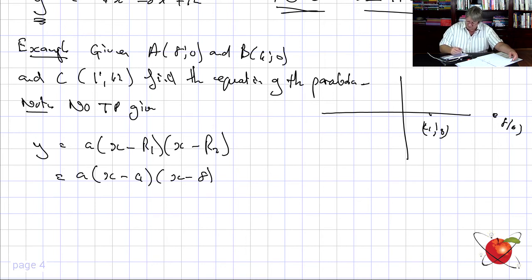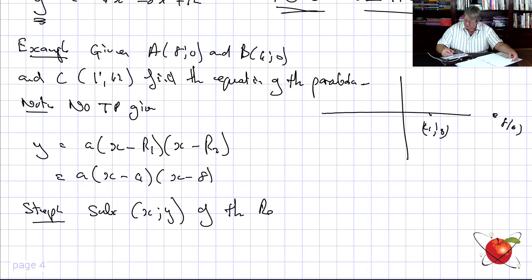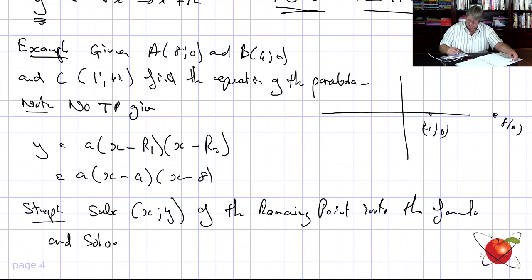Then, next step, sub the x and the y of the remaining point into the formula and solve for A. I've got 1 and 42.